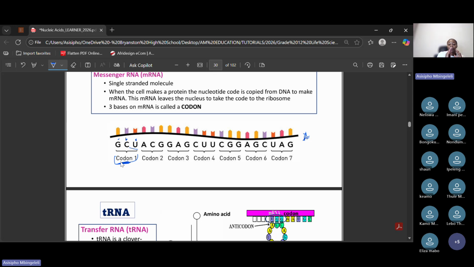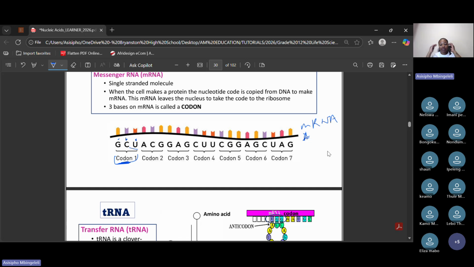Now, we have a list of bases in this messenger RNA strand. There are a lot of bases, but we categorize them into codons: codon 1 with these 3 bases, codon 2 with these 3 bases, 3, and so forth. This is important because when we start speaking about transfer RNA, we're going to speak about anticodons.